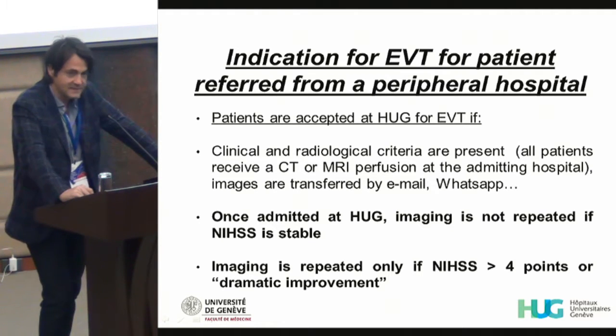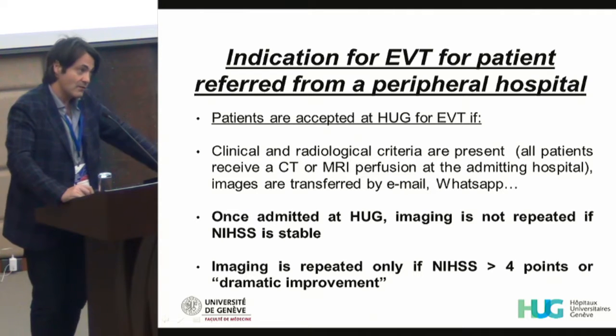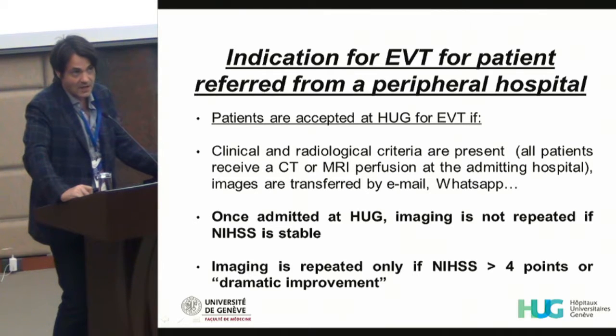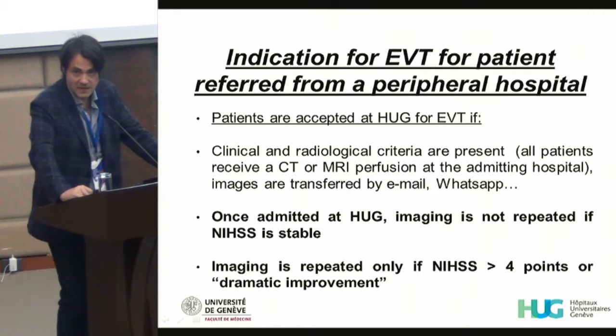Another interesting topic is how to select patients who are sent from peripheral hospitals. Every day we receive patients from 7 other hospitals, so we had to establish a pattern for the workflow of the patient. The pattern was relatively easy to establish. Neurologists of the peripheral hospital get in contact with the neurologist in our hospital to discuss and propose the patient for thrombectomy.